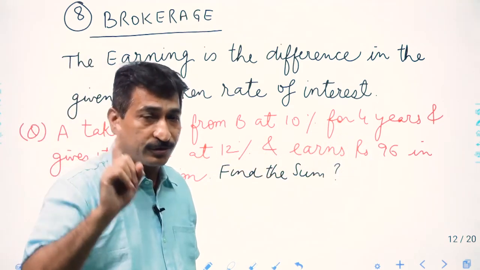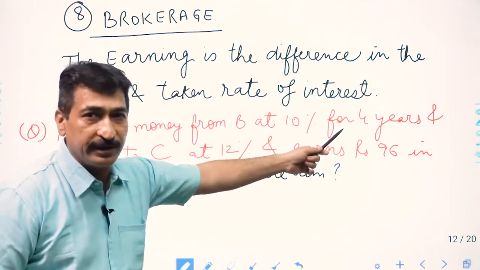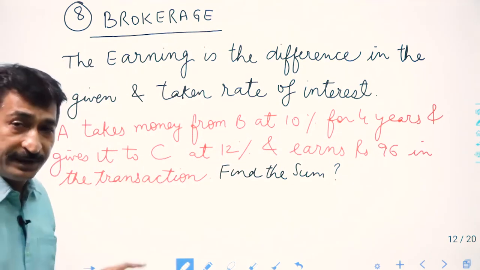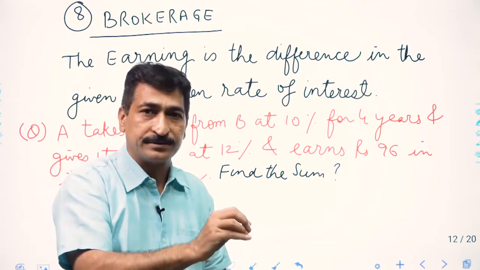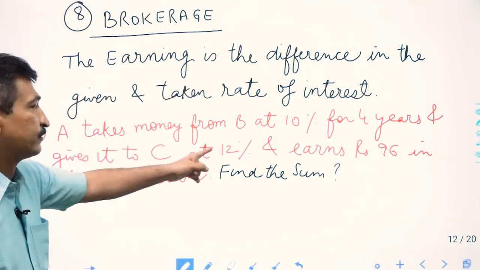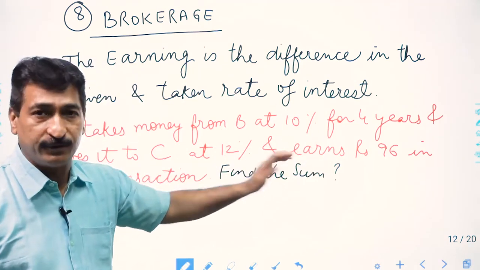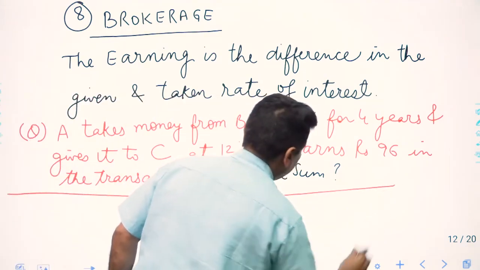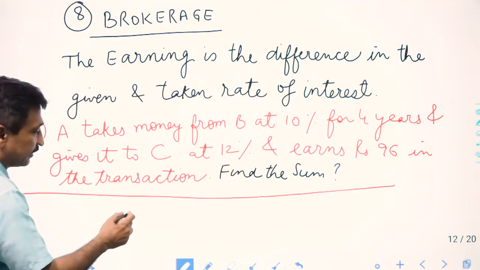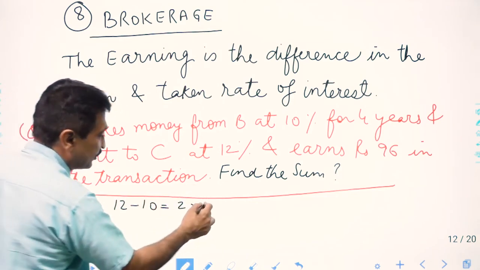One thing you should remember: he is taking money from B for 4 years and giving it to C. For how many years it is given is not stated, so it is understood that the money is given for 4 years, even if it is not said, and he earns rupees 96 in the entire transaction. Now what is his earning? His earning is actually the difference, 12 minus 10, which is 2% each year.